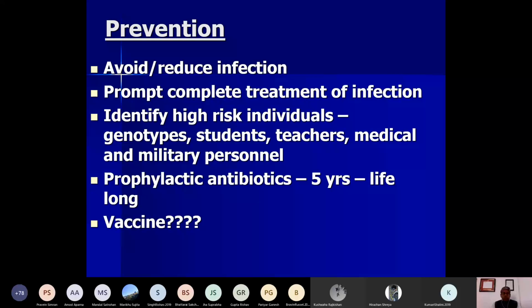Do you want time to think or do you want to say right now? You can unmute and respond. We have enough time. Any takers? Okay, I give you time. So upload your answers by Sunday.